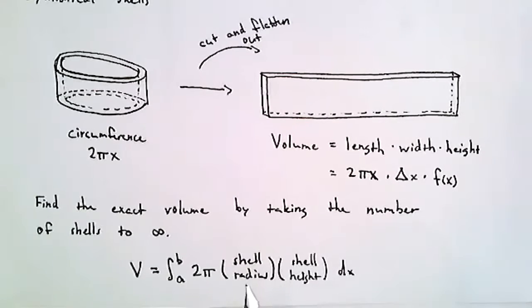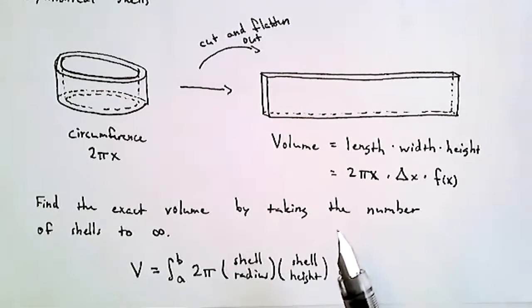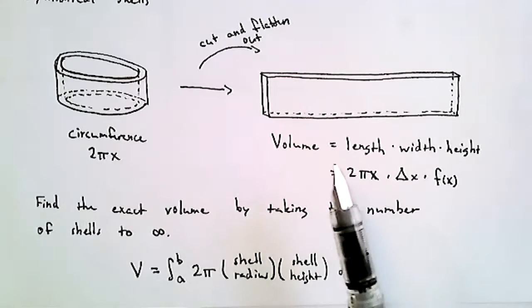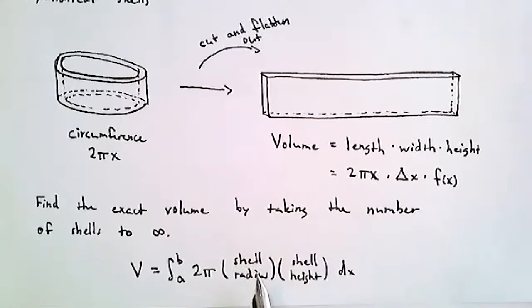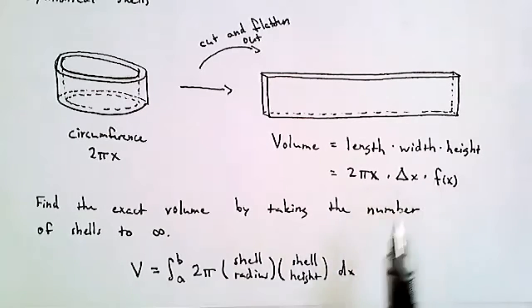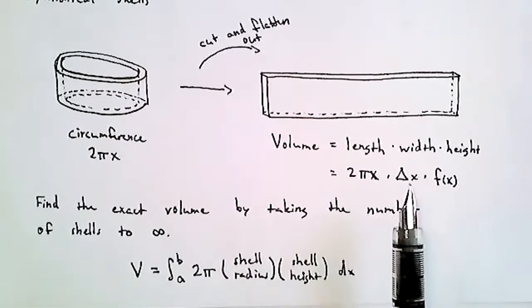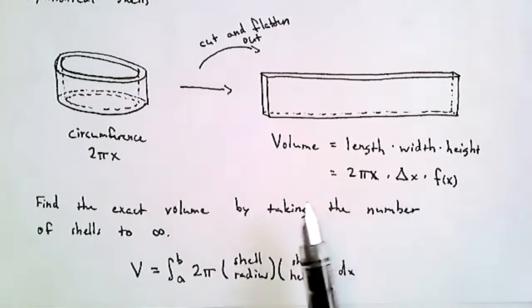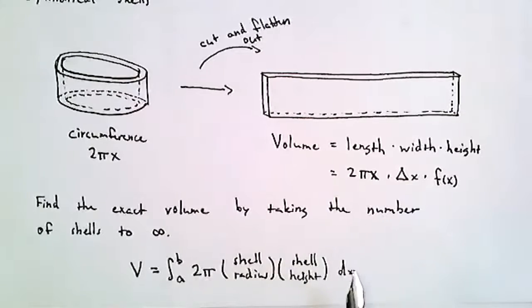And here's what it looks like. I've written it out in words. We have 2 pi x up here for my volume. X was the shell radius, so that's what I wrote here. And then we have the shell height. That was my function. And then delta x, as we add an infinite number of shells, becomes dx.